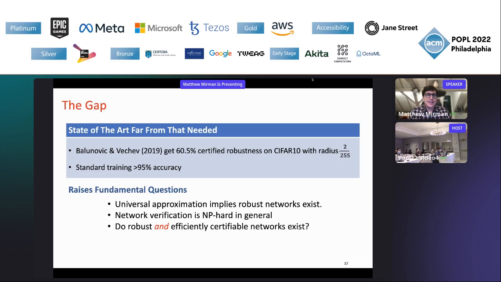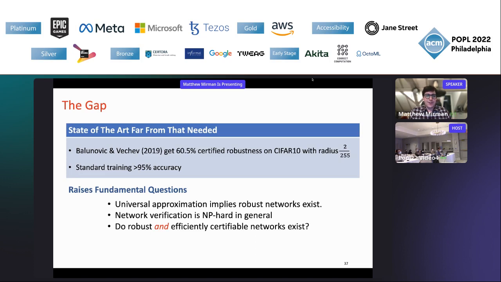And this implies that robust neural networks also exist that approximate robust data sets. But as we saw before, Box might not be able to prove a property that is in fact true. So this isn't enough. We need to be able to produce networks that are robust and provably robust.